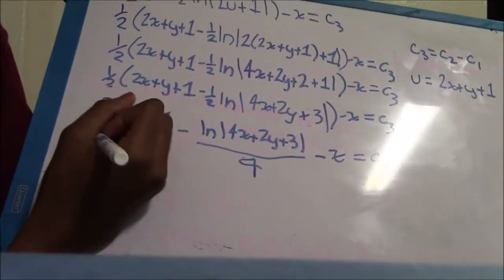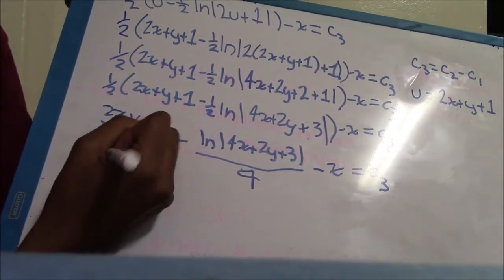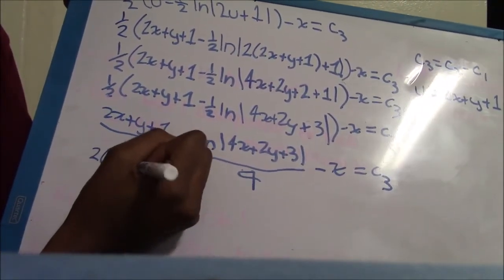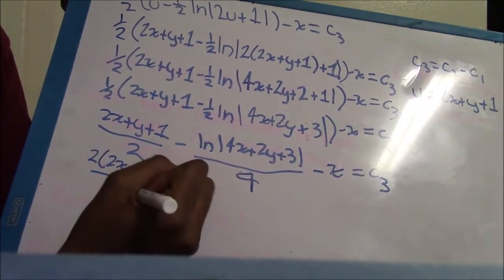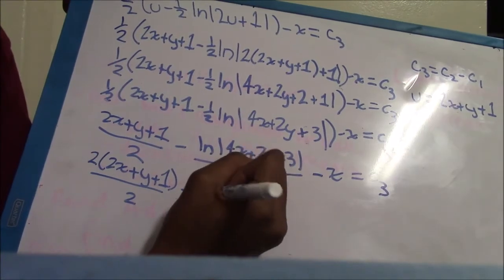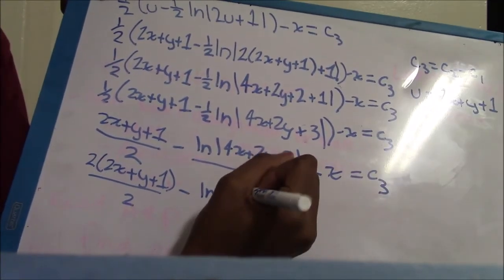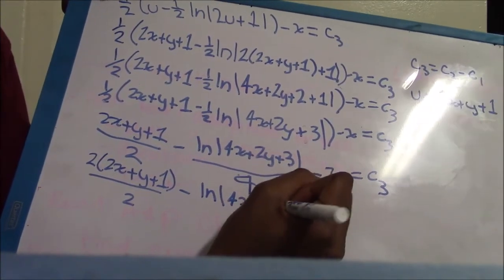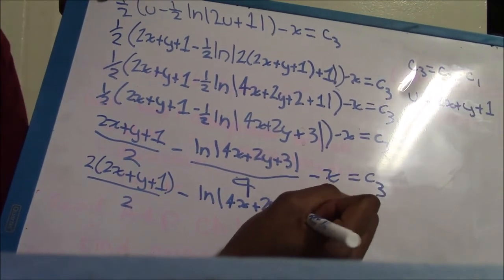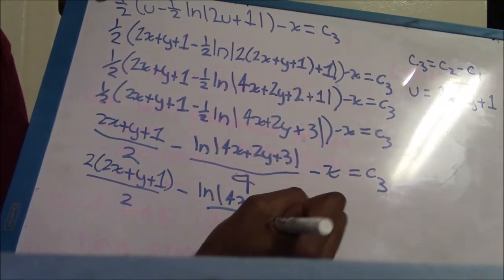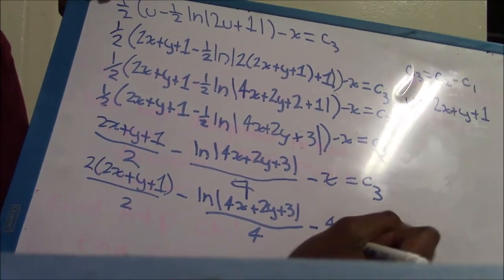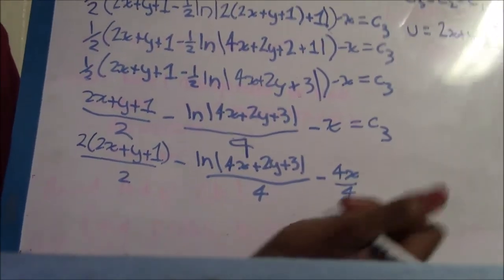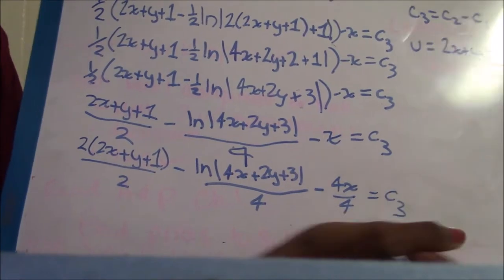So in doing that, we get 2 times 2x plus y plus 1, all that over 2, minus, nothing changes with this because its denominator is already 4, minus 4x over 4 because we multiplied this by 4 over 4, equals C3.